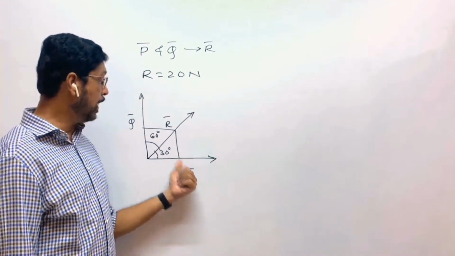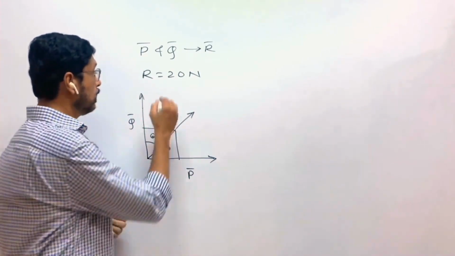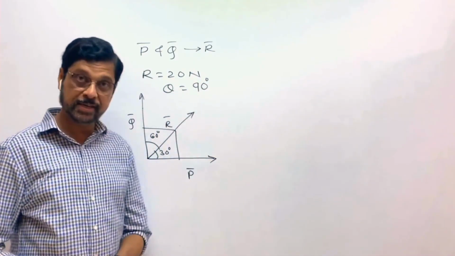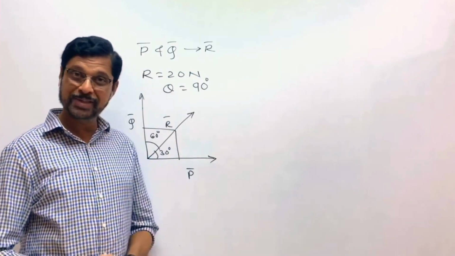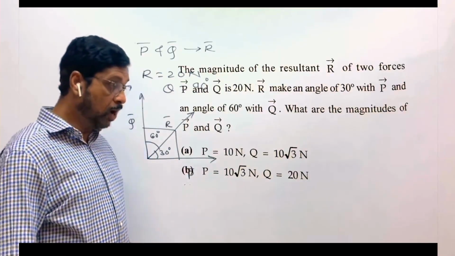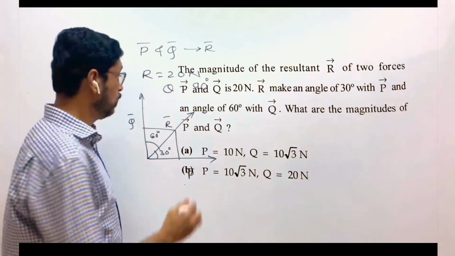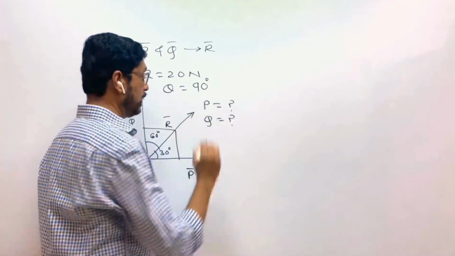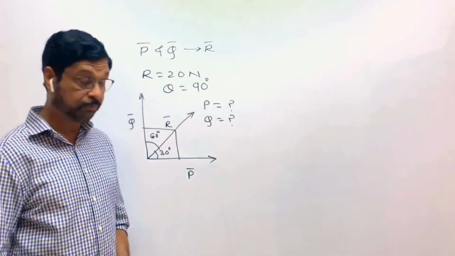Means the angle between P and Q, that is theta, is how much? 90 degree. What are the magnitudes of P and Q? That's what you have to find out.